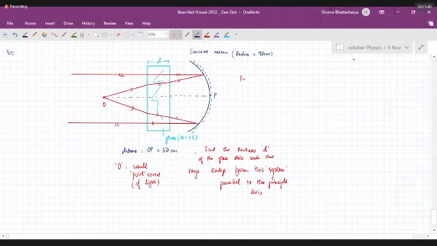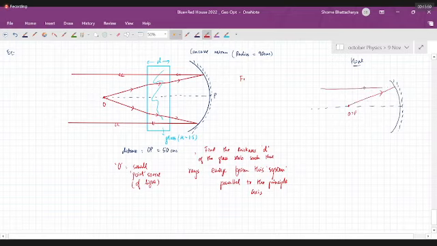Okay, so the hint to you here is that where should we put a source or a point object with respect to a concave mirror so that the light after reflection becomes parallel to principal axis? It should be at the focal point. Then the light will emerge from the system parallel to the principal axis. So that is the hint over here.